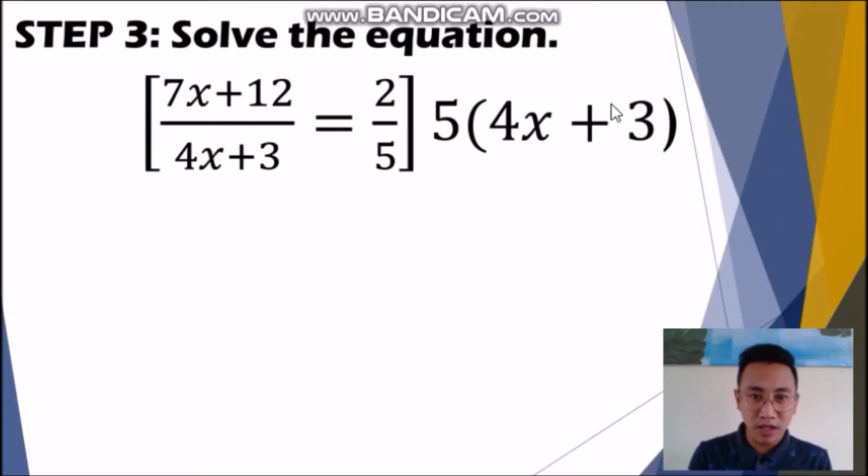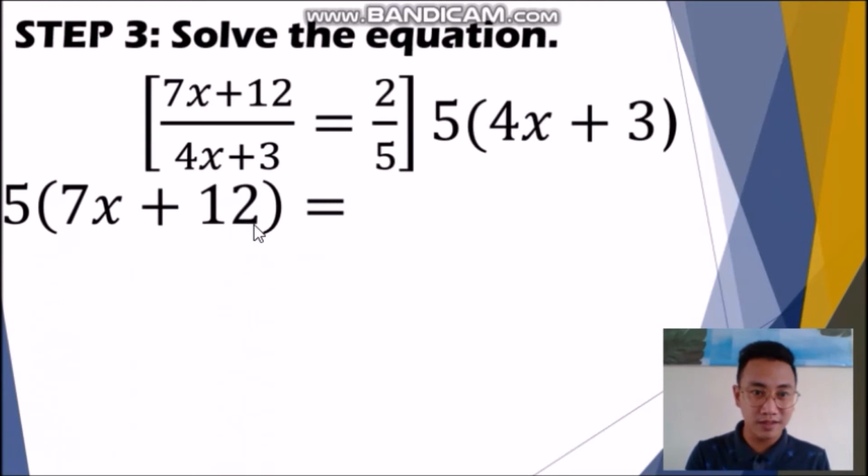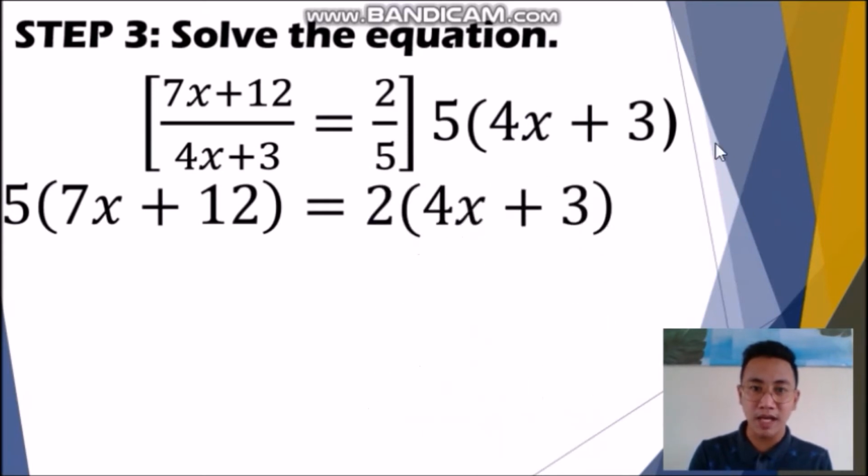As you can see, we can cancel 4x plus 3. What remains is 5 times (7x plus 12). Next, on the other side, 2/5 times our LCD, 5 times (4x plus 3). We can also cancel 5. What remains is 2 times (4x plus 3).